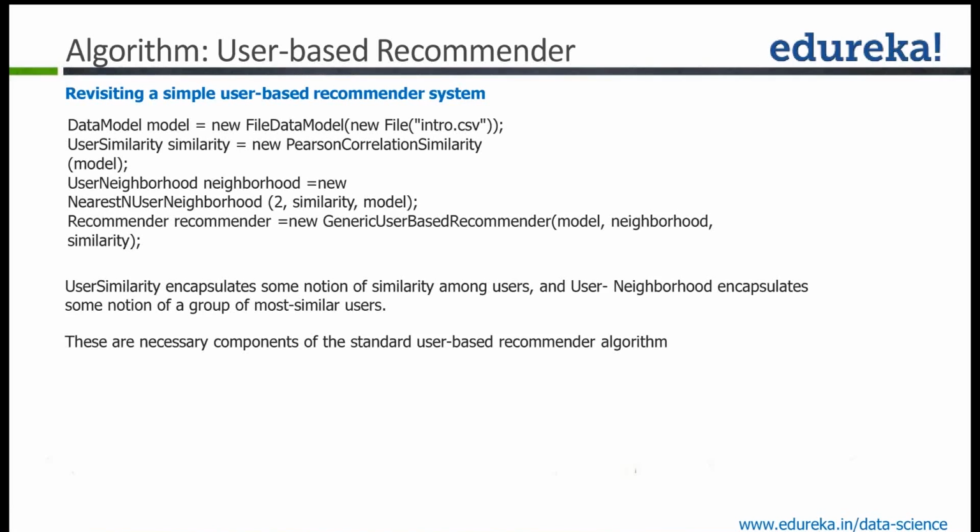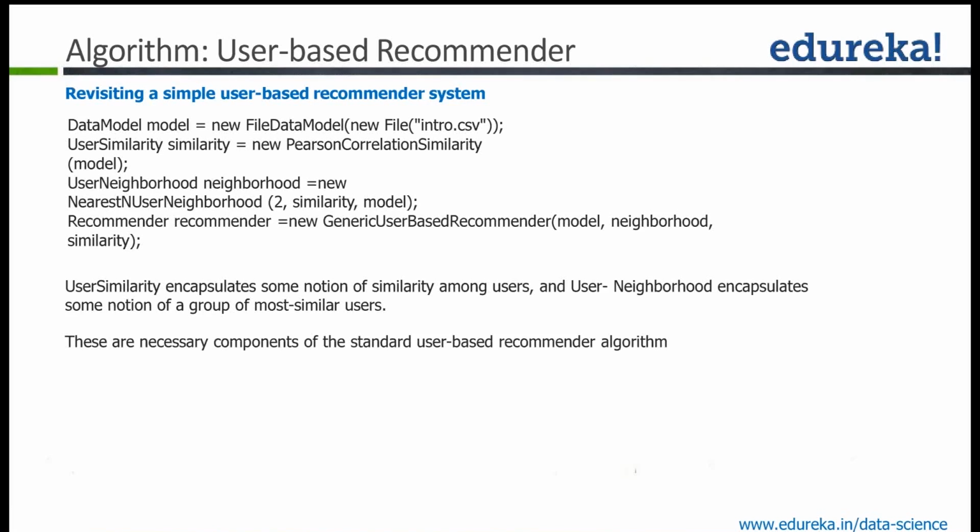And again, as we talked in the context of k-means, there's no clear set of rules which tells you this is the way a particular similarity has to be measured. It completely depends on the data and the domain, so you try out a bunch of things and see which one works better.